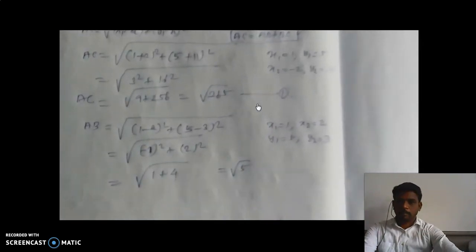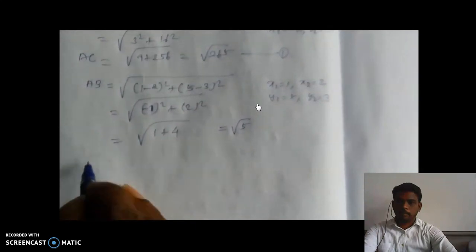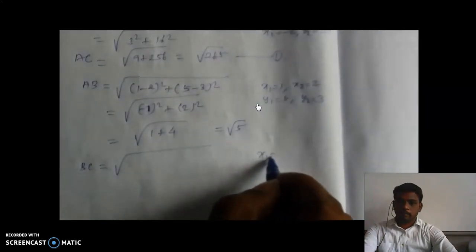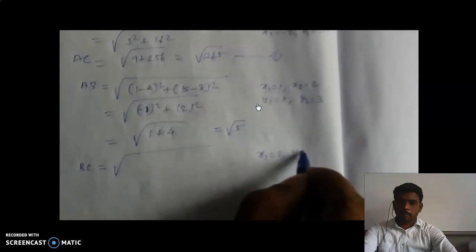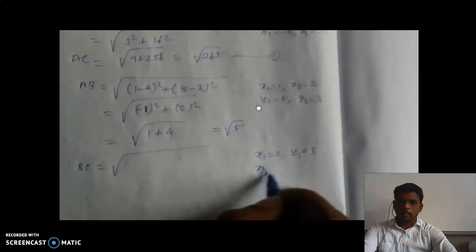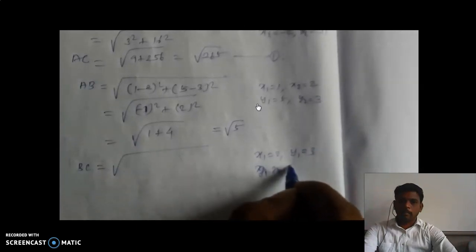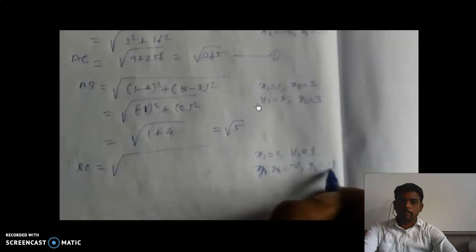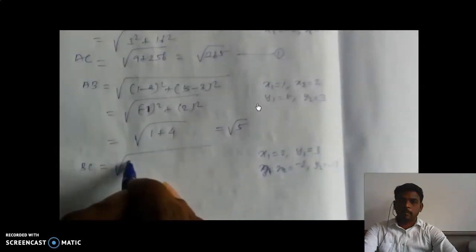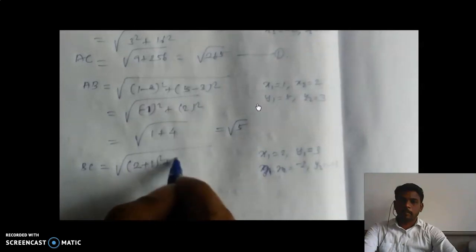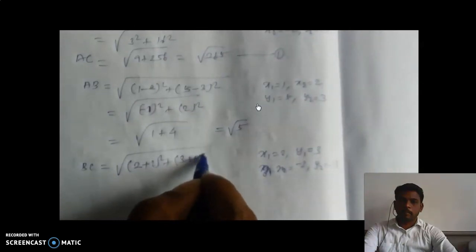So next we are going to find out BC. BC equal to root of, here also x1 equal to 2, y1 equal to 3, x2 equal to -2, y2 equal to -11. Substitute in the formula. So x1 minus x2, 2 plus 2 whole square, plus 3 plus 11 whole square.